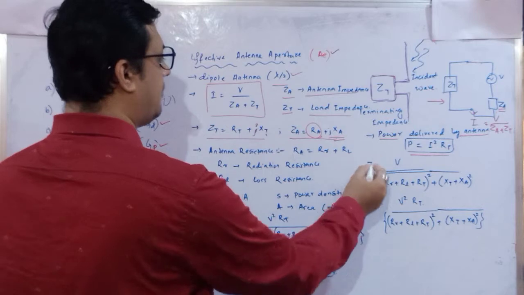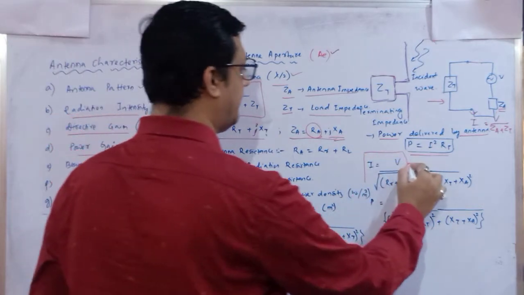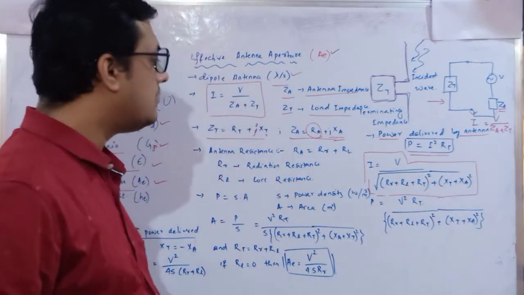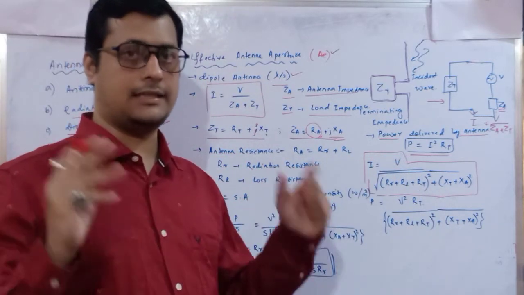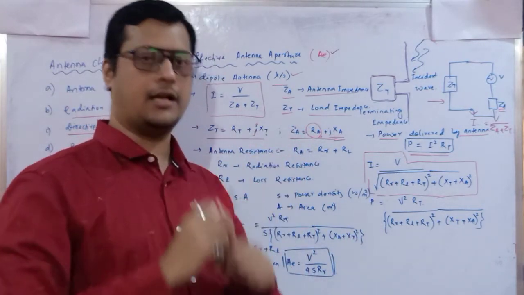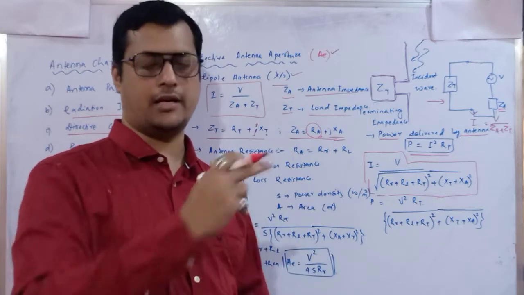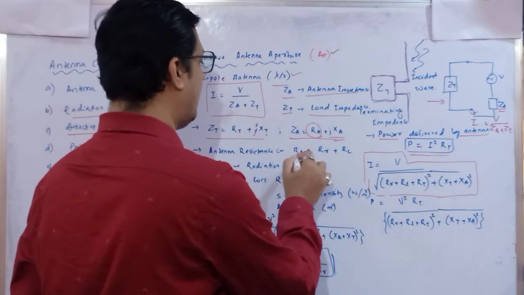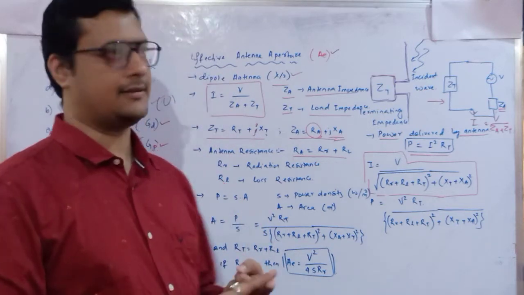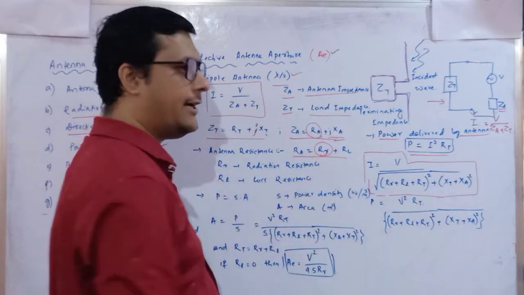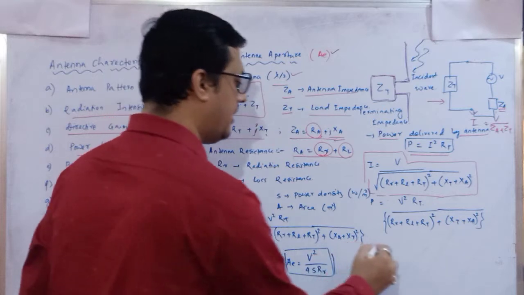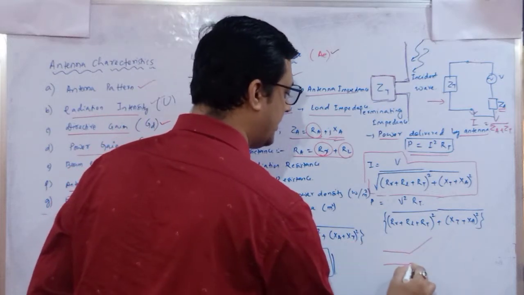Okay. So here what I have done, I have substituted in this equation I is equal to V by Z. So what is the net impedance? Net impedance is the square root of RT plus RA whole square plus XT plus XA whole square. In place of RA, I have added radiation resistance plus losses. So here RR is called the radiation resistance, RL is called the loss resistance. How have we analyzed? Suppose this is the radiating element.